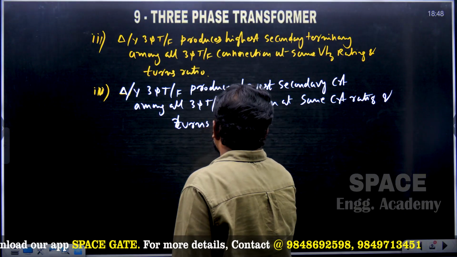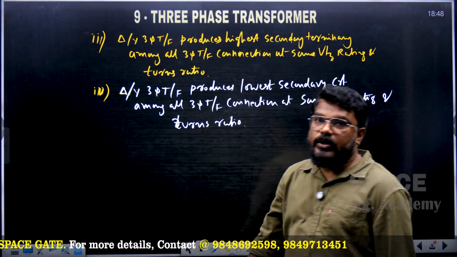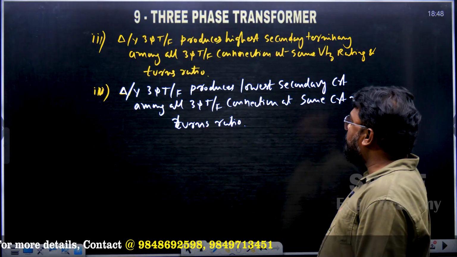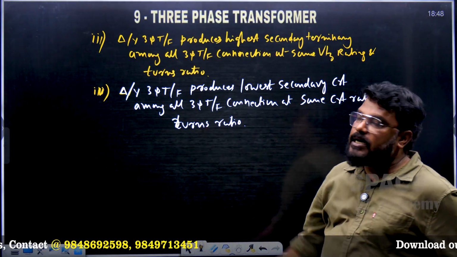That same current rating and turns ratio దగ్గర so delta star 3-phase transformer produces lowest secondary current.